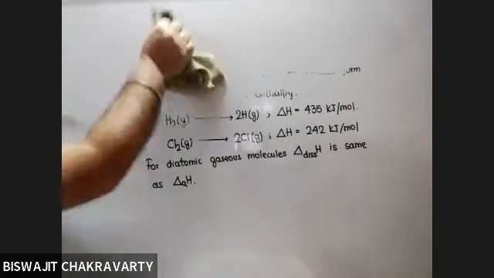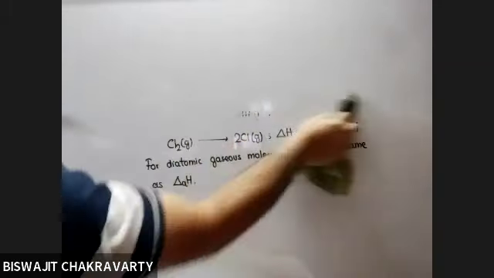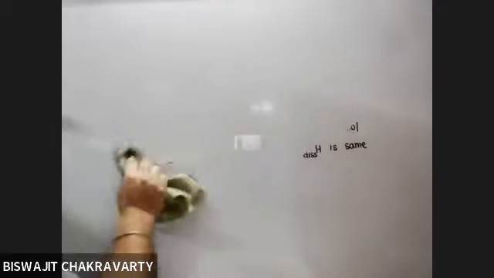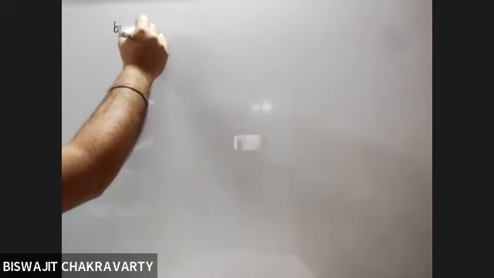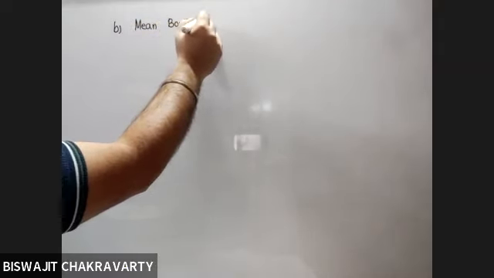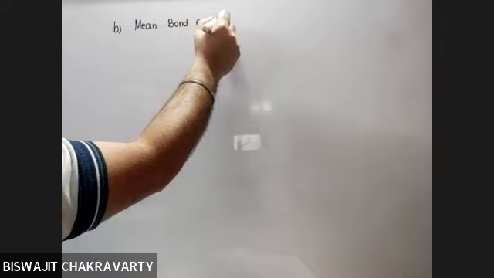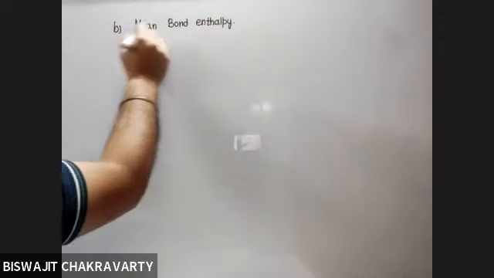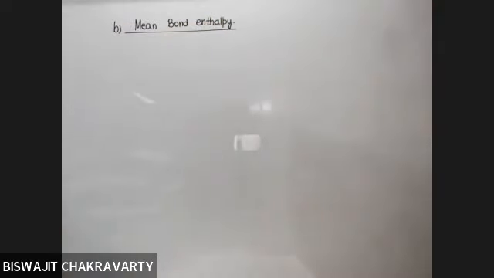So whatever we have written so far is meant for diatomic molecules. Number B, mean bond enthalpy.